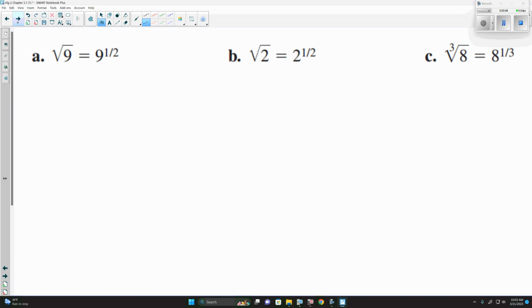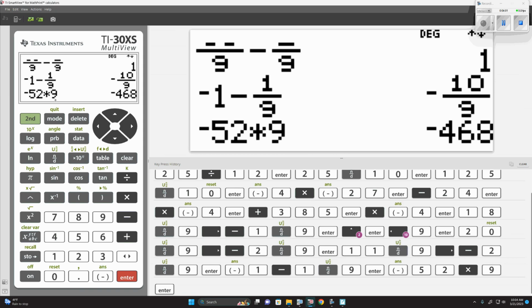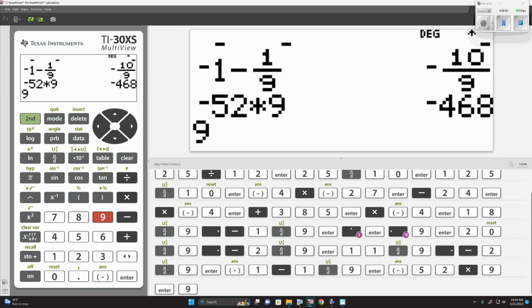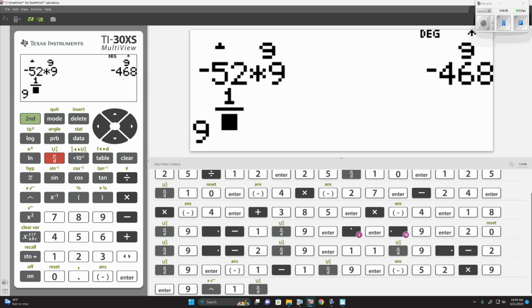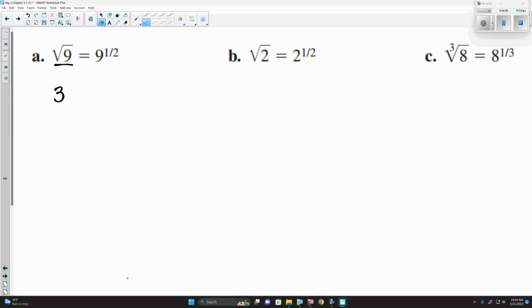So if we look at these, they are going to be the exact same. Because if we talk about the square root of 9, well, the square root of 9 is 3. 9 to the 1/2, if we just plug that into a calculator, is also 3.